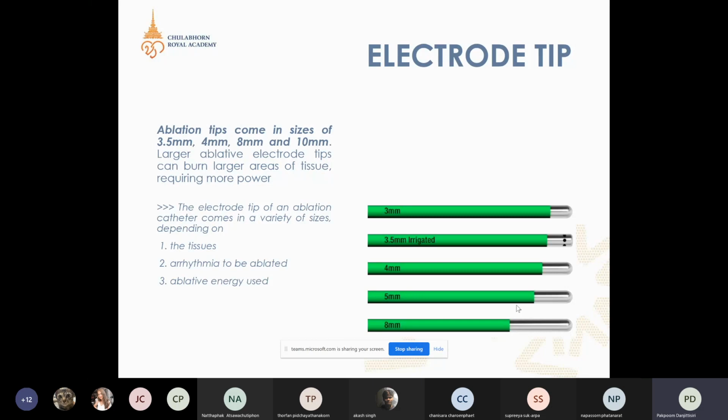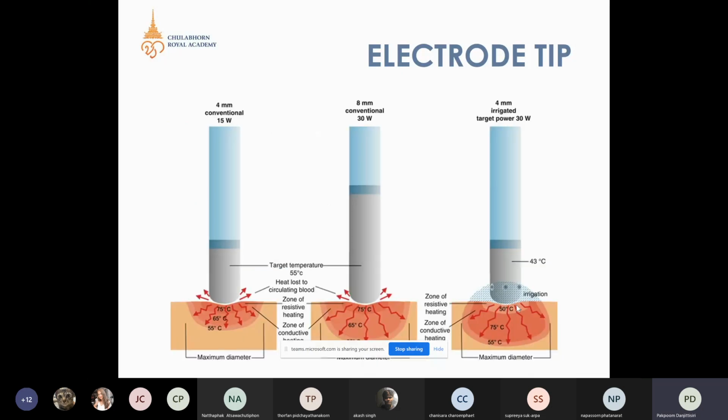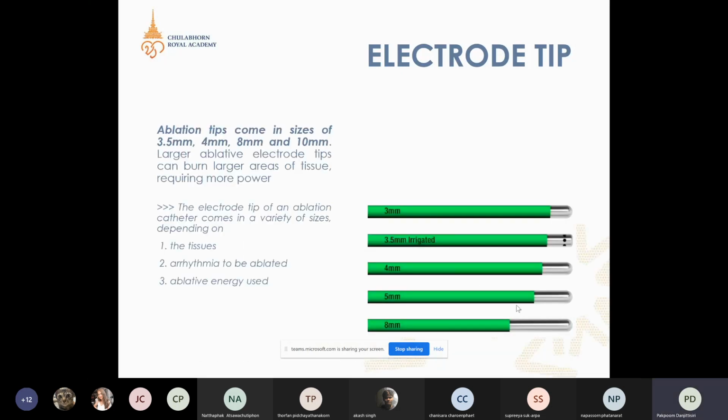Let's say the abnormal tissue that the doctor wants to ablate is quite thick and needs high power or high temperature.